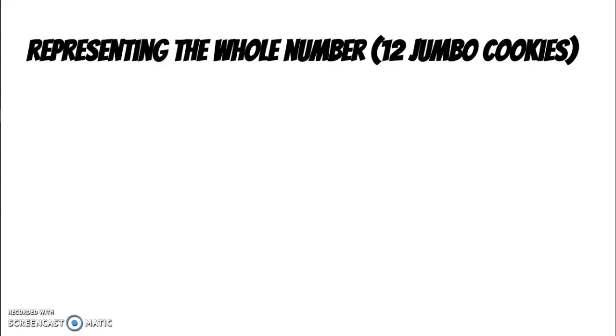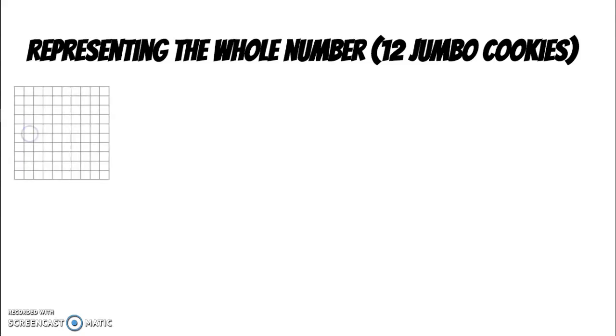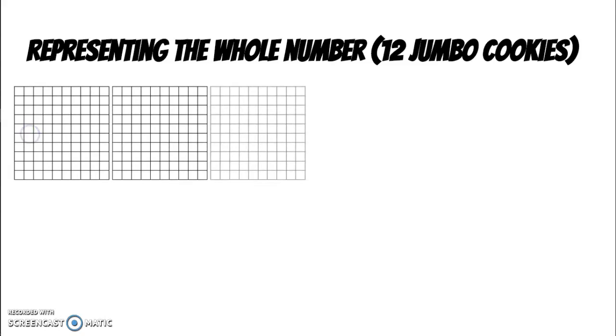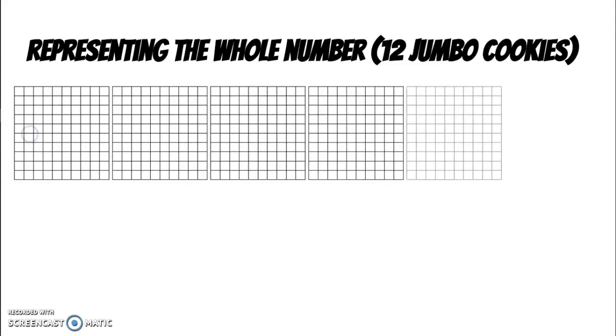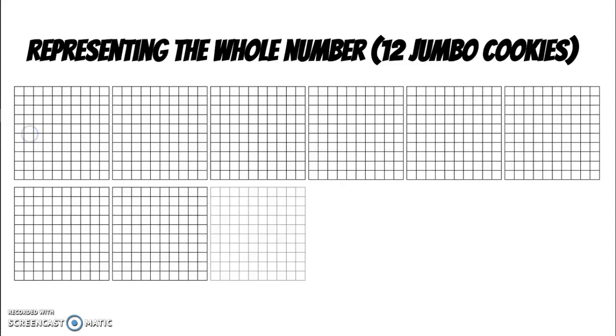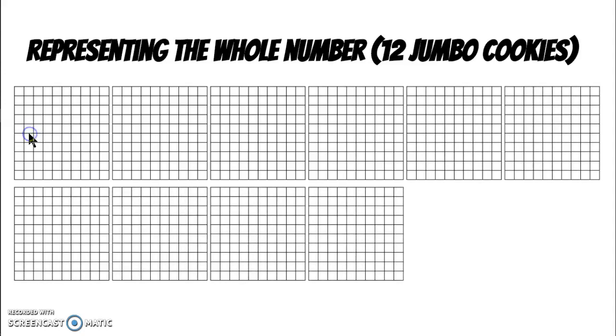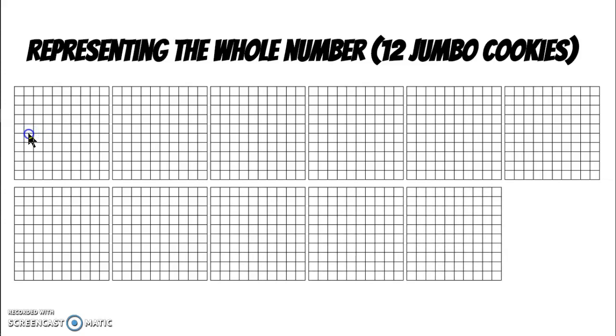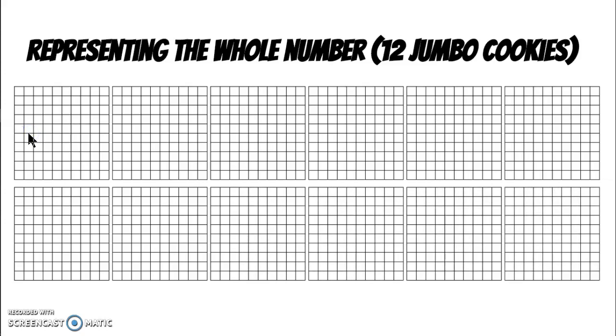Let's represent the cookies using the hundredth grids. 1, 2, 3, 4, 5, 6, 7, 8, 9, 10, 11, and 12. So I know I'm going to be coloring in each of these with 48 hundredths.